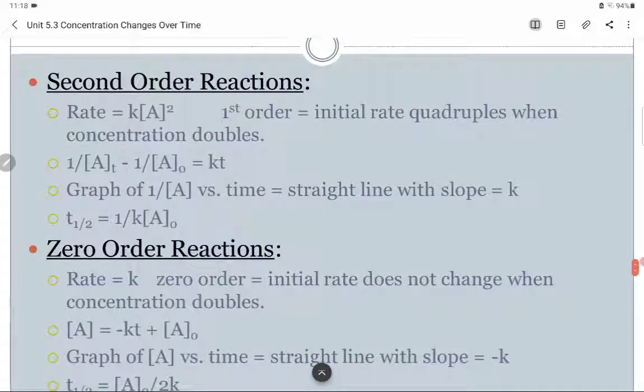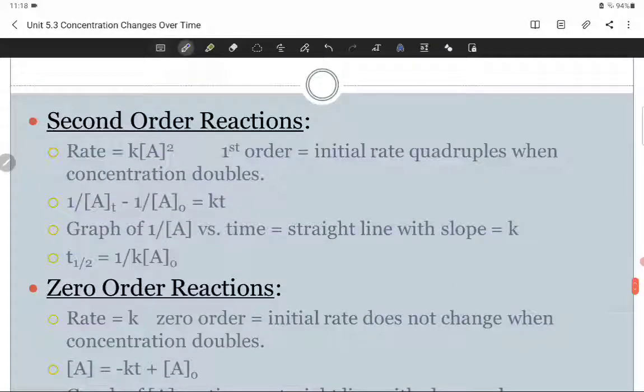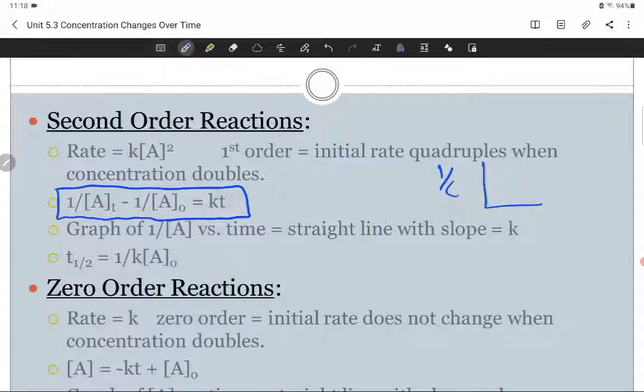And they have their own unique derived mathematical equations. The second order uses, instead of natural log, 1 over concentration. Very similar though. If you would graph 1 divided by concentration versus time, you would get a straight line if it's second order.